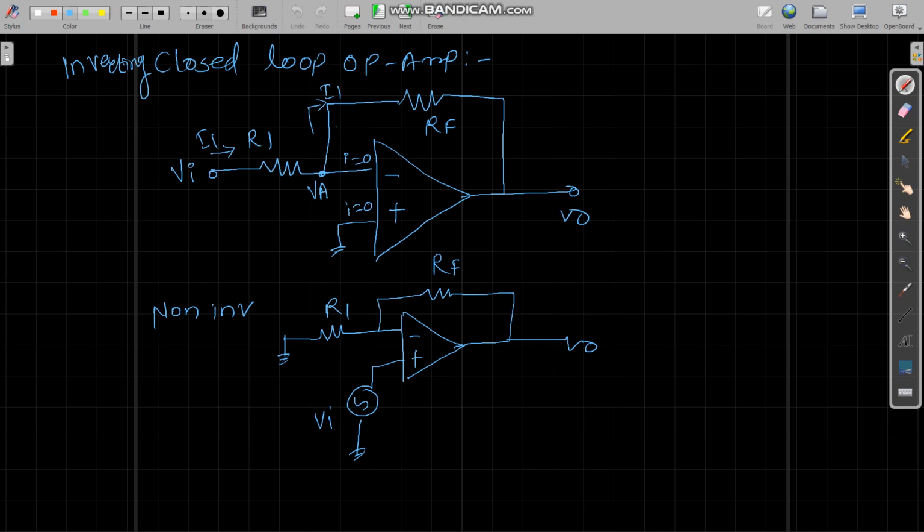But in both circuits the common point is that I have applied the feedback always to the negative terminal of the op amp, so as to make sure that the feedback is negative. So this is the inverting closed loop op amp, and the non-inverting closed loop op amp. In the same way you can go for differential: you apply inputs at both terminals and you get the differential amplifier.